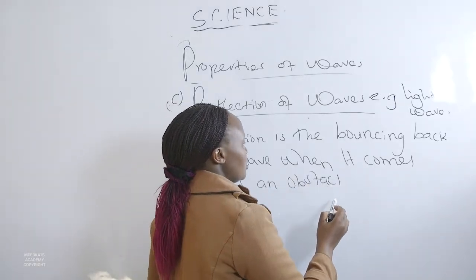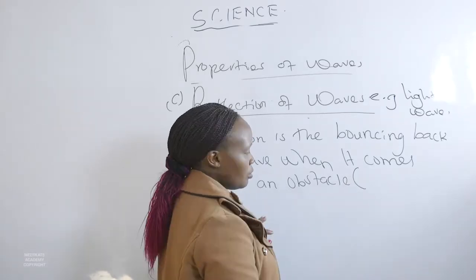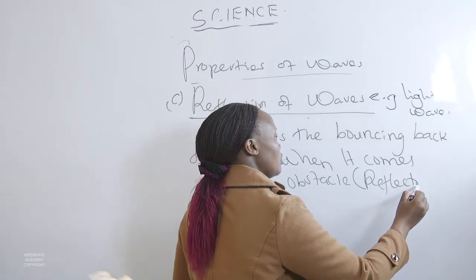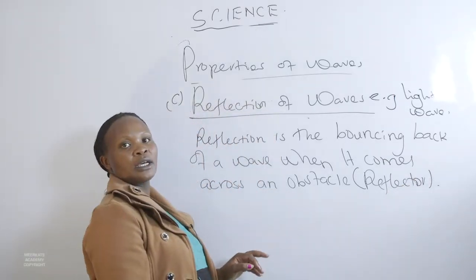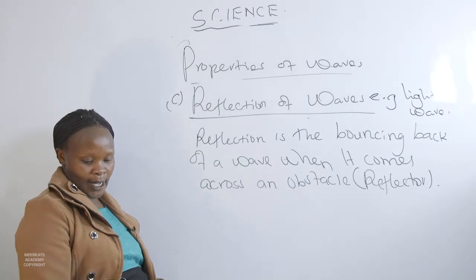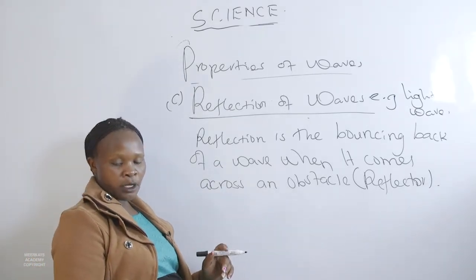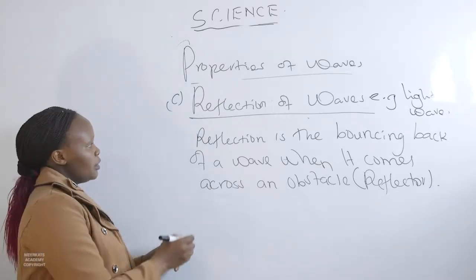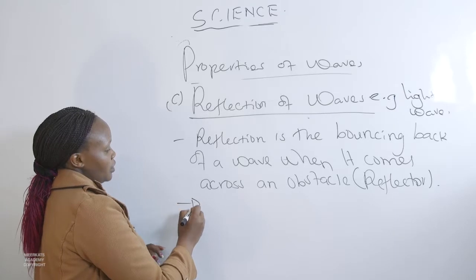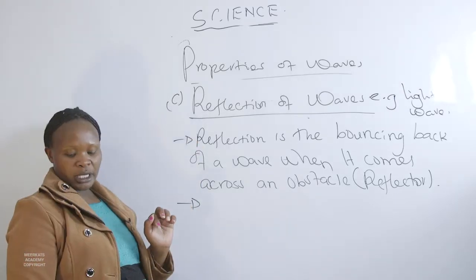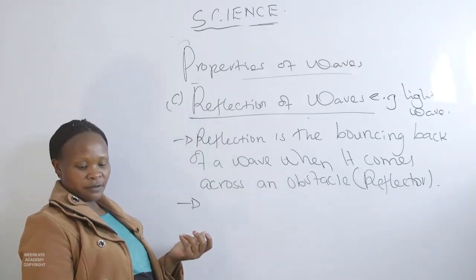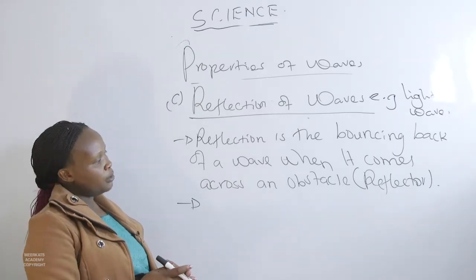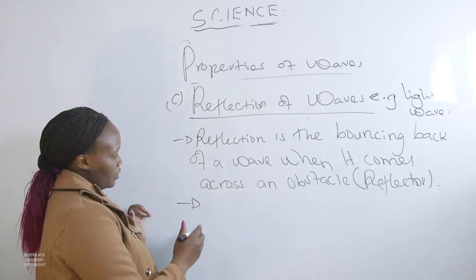In this case, our obstacle, we are going to call it a reflector or a reflecting surface. And depending on the nature of the reflector, we are going to have different wave front shapes depending on the type of reflector.